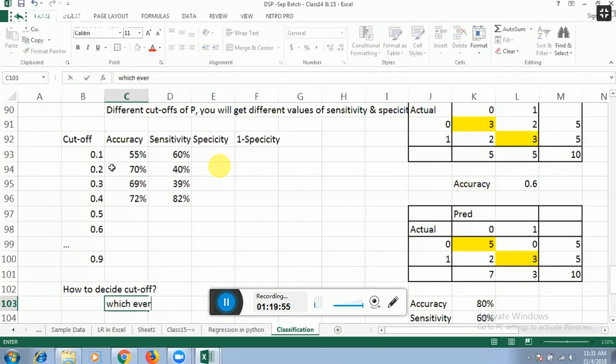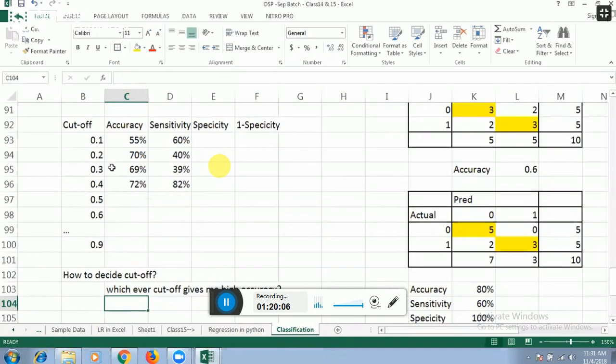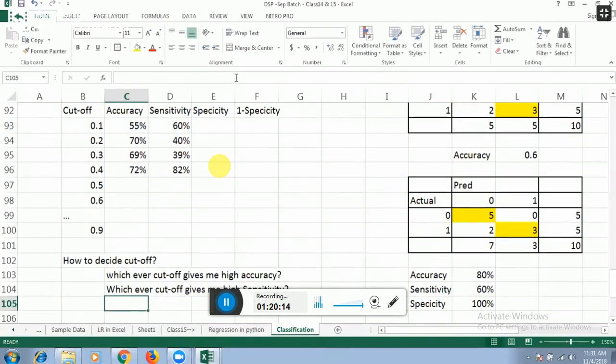Whichever cutoff gives me high accuracy, or whichever cutoff gives me high sensitivity, or whichever cutoff gives me high specificity.